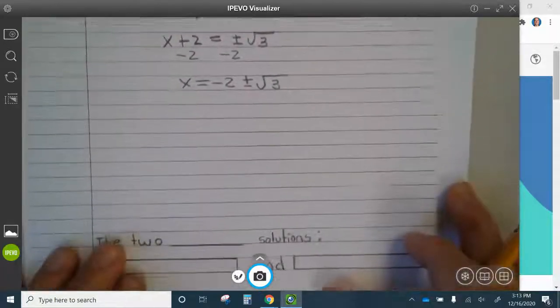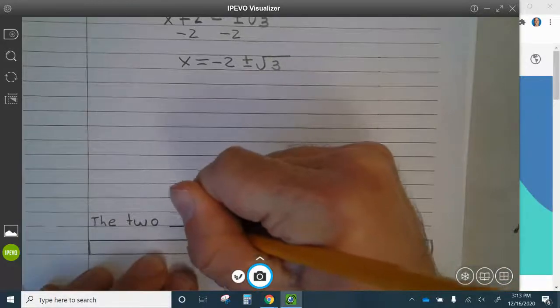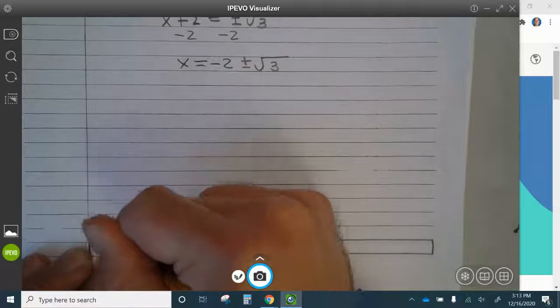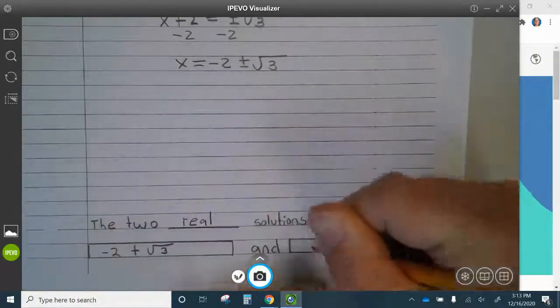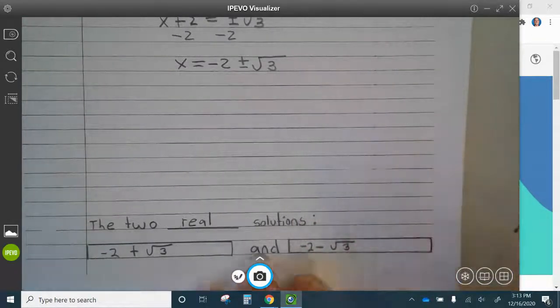Okay, so then the two real solutions are -2 plus the square root of 3 and -2 minus the square root of 3.